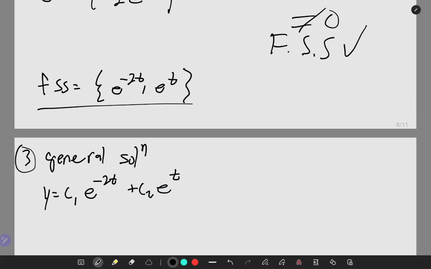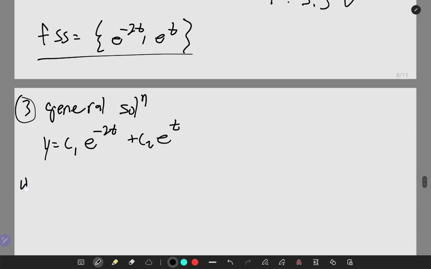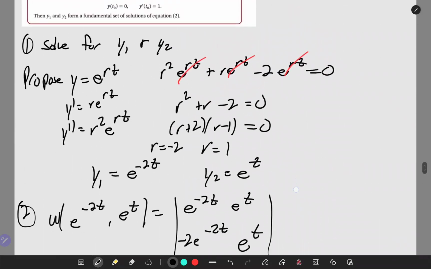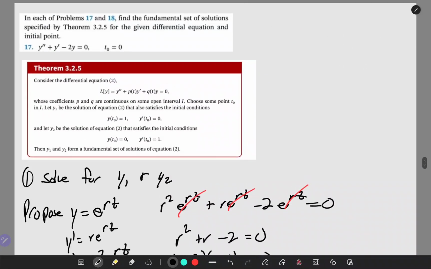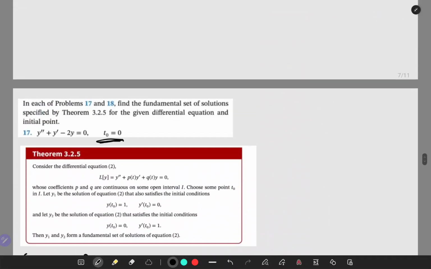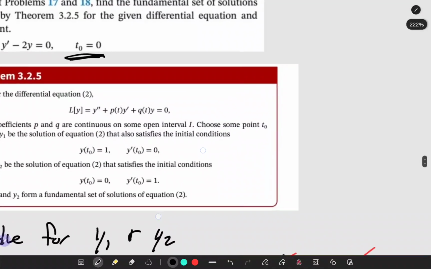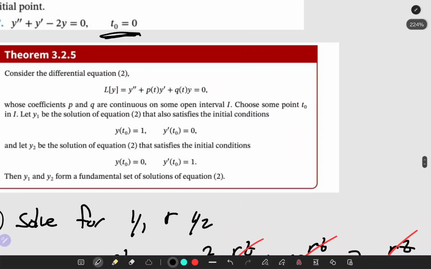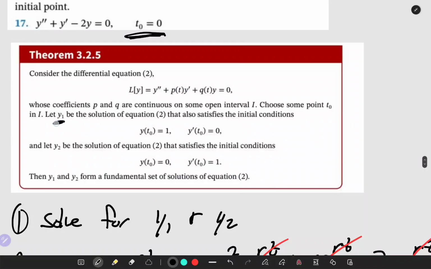Okay, so now we need to look at the theorem for the IVP, right? So unfortunately, we have to do it 2 times. So we're given that t naught is 0. And we have to look at this theorem here. So y of t naught is equal to 1. And this is for y1, by the way, for general solution 1.